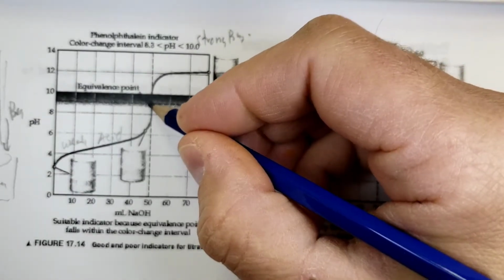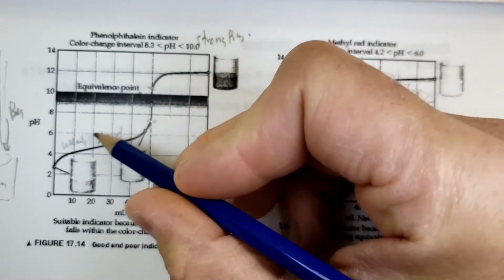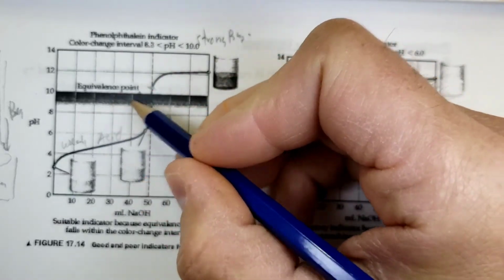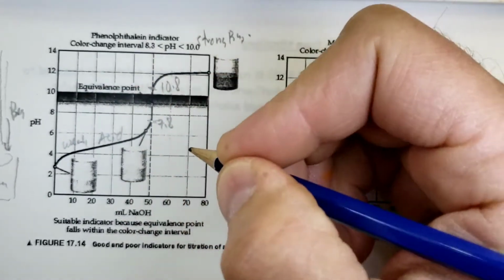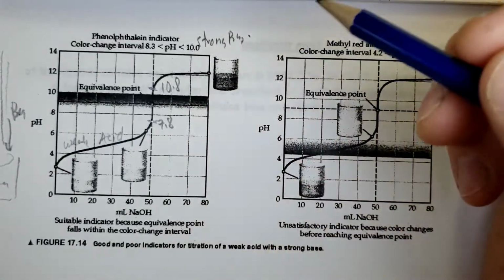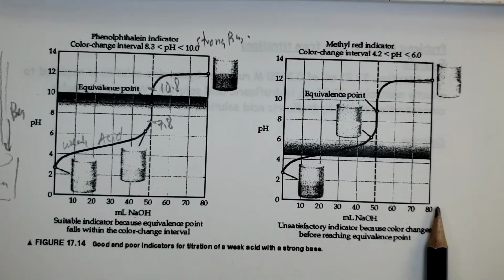We can see here that it changes. If I look at where this vertical line is, it's approximately close to 8, so around 7.8, and it's close to 11, maybe say 10.8. So over here it was chosen that a suitable indicator needs to fall in this range. So what changes in between 7.8 and 10.8?